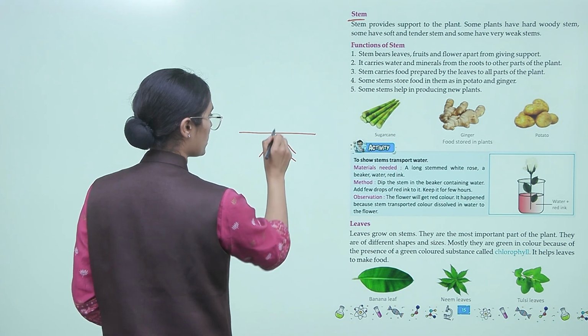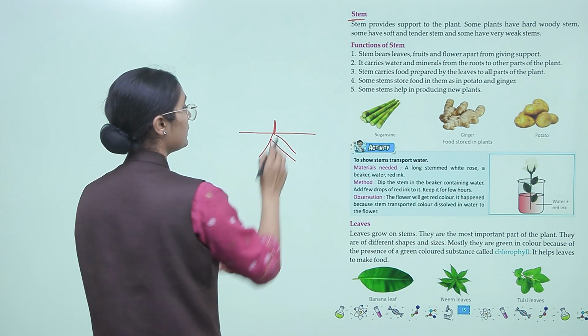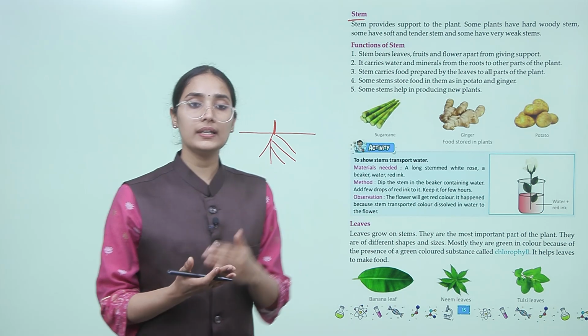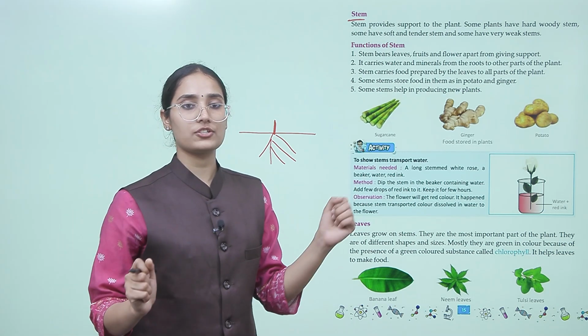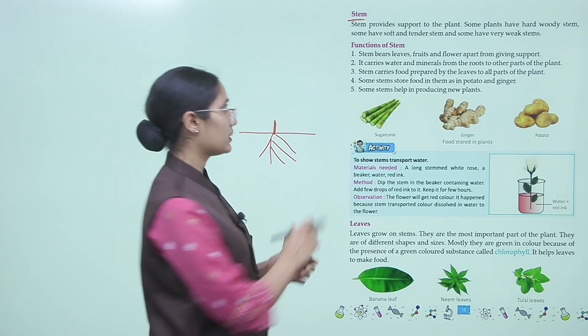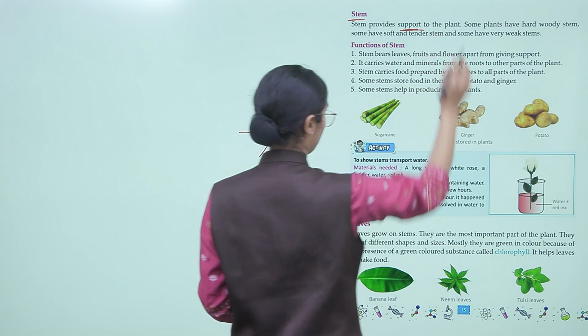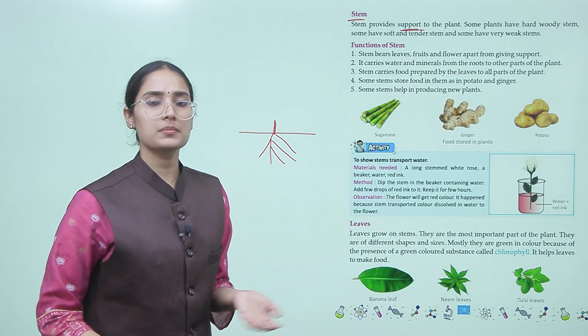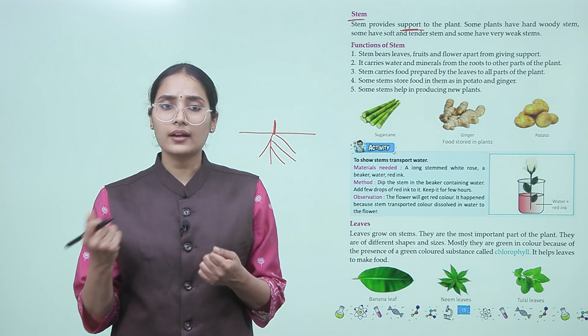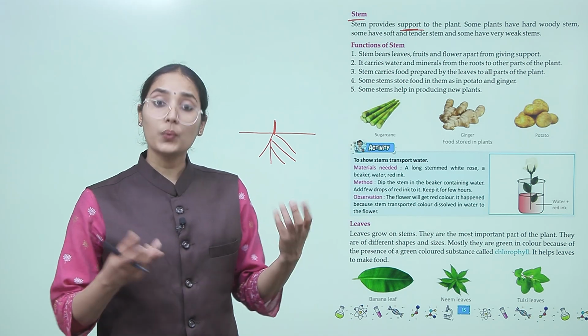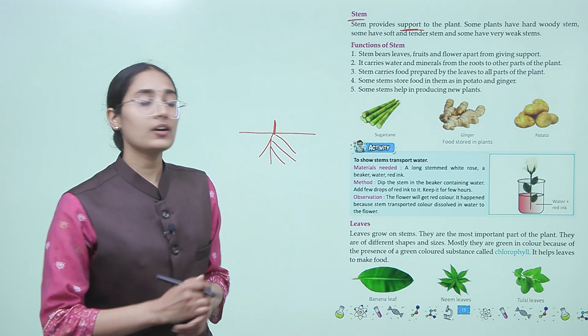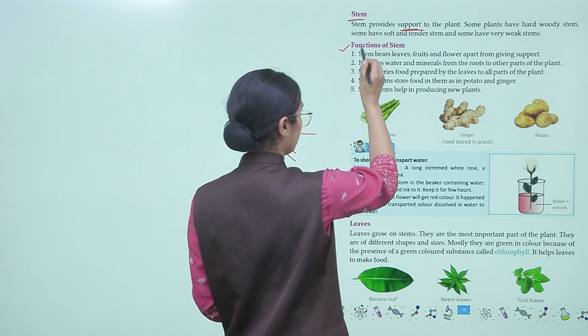When the plant grows upward, the stem is the main part to which leaves and other things are attached. Stems give support to the plant, and there are different kinds of stems: woody stems, hard stems, soft stems, and very weak stems also exist.